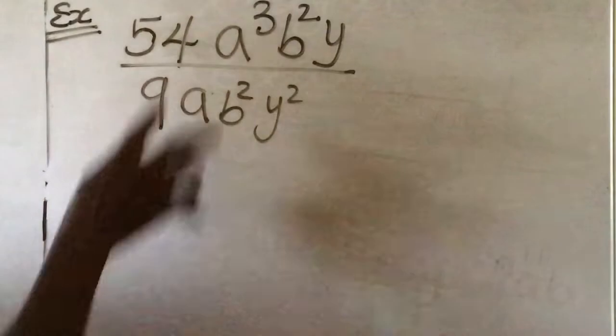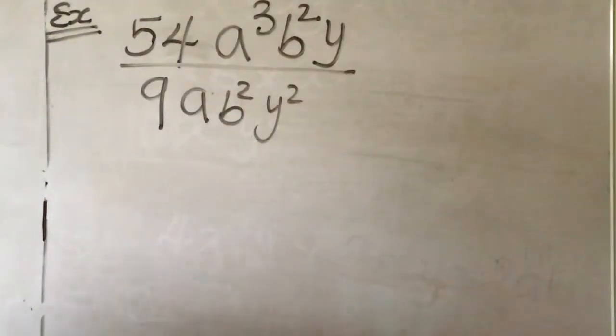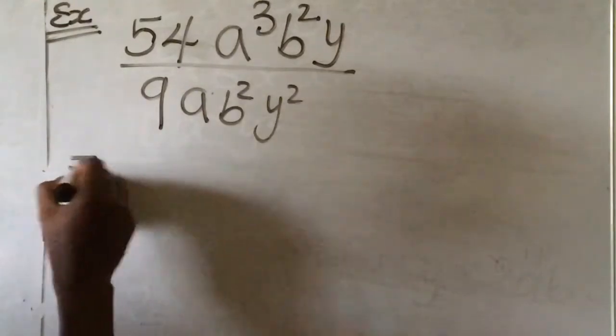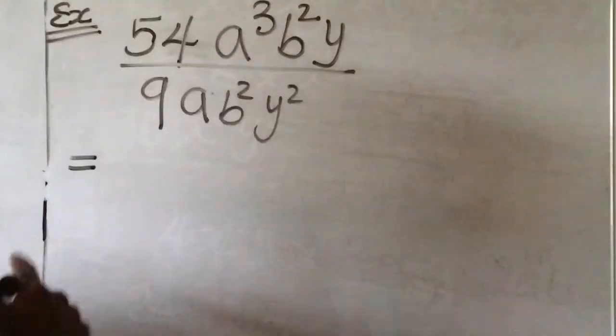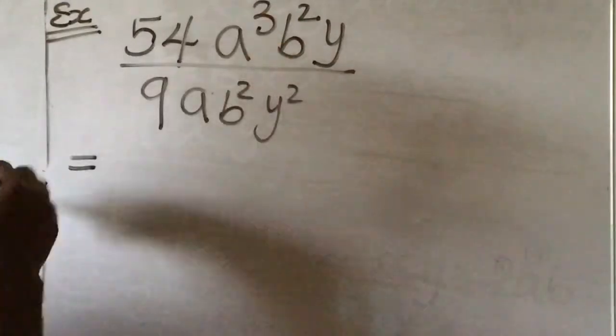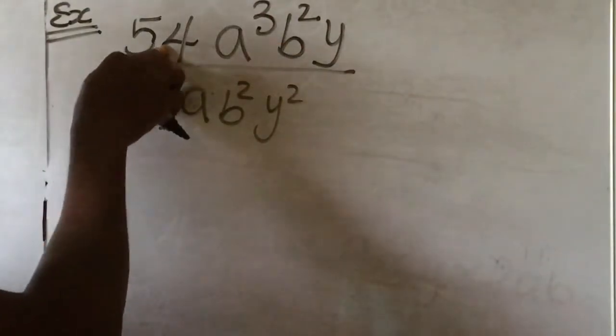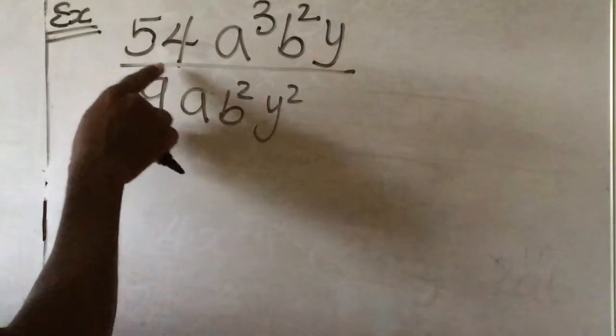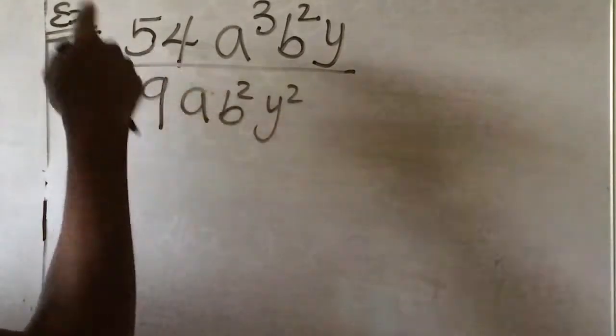Okay, now this is what we have and we want to divide it. What are we going to do? Let's use our long method. What are the factors of 54? Okay, we know 54 to be 9 times what? Times 6.